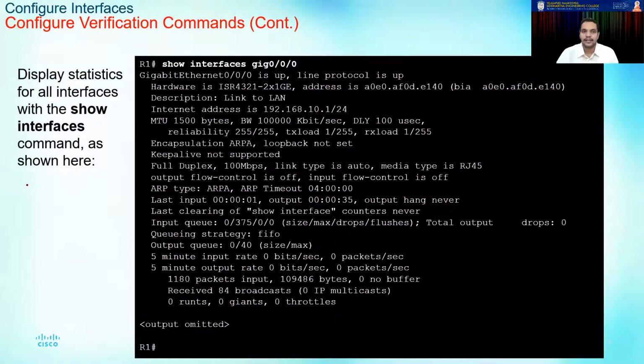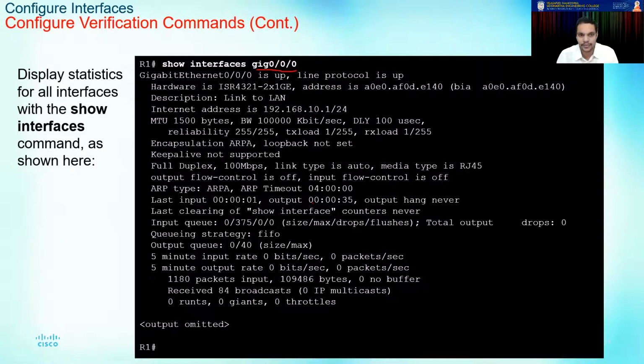And the next thing is show interfaces for a particular interface. Please keep in mind that show interface gives you a detailed overview of the specific interface you are requesting. Here my specific interface is G0/0/0.